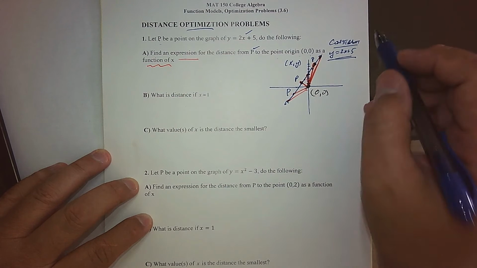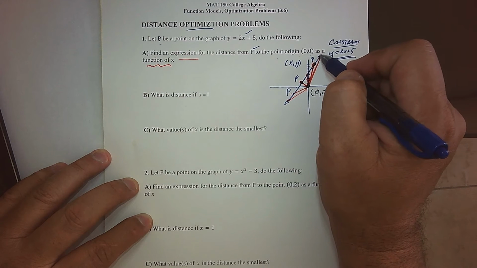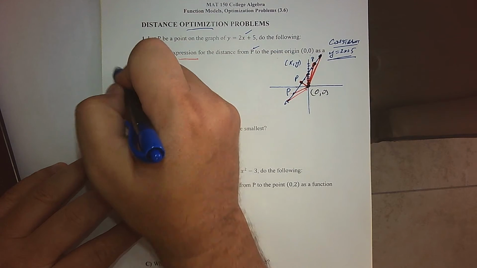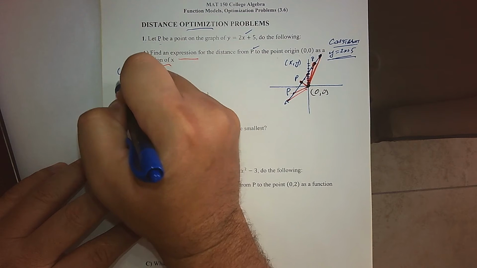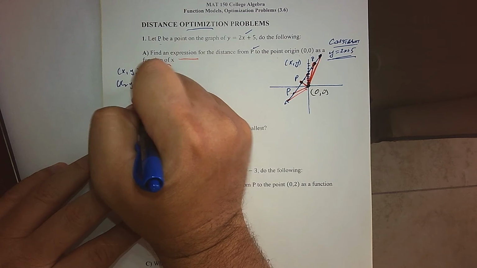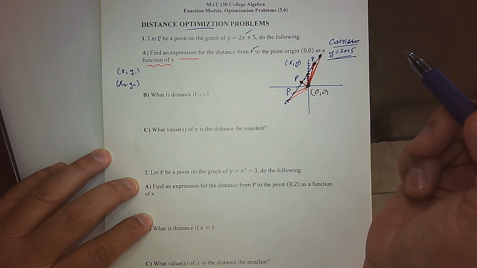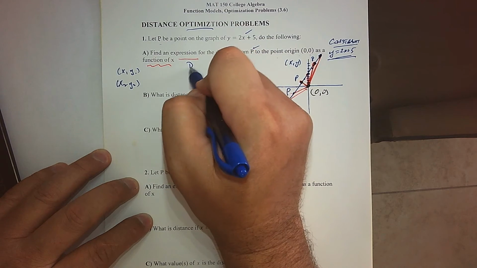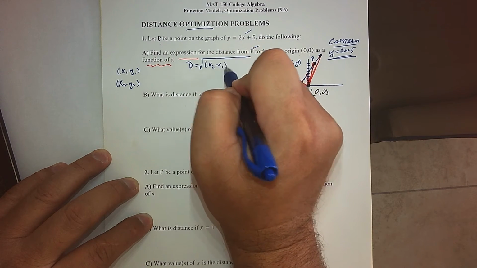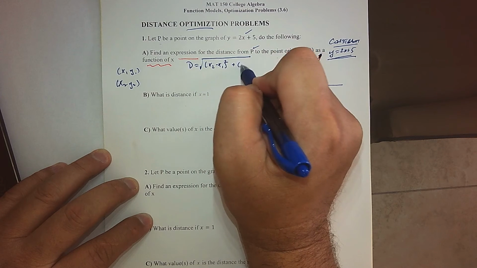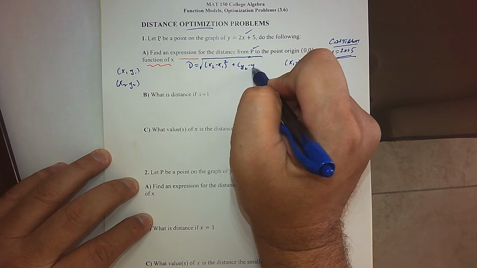And what we're going to do is, no matter what the point is, let's remember what our distance formula is if we're going from (x1, y1) to (x2, y2). A couple sections ago, we found that the distance is equal to the square root of (x2 minus x1) squared plus (y2 minus y1) squared.